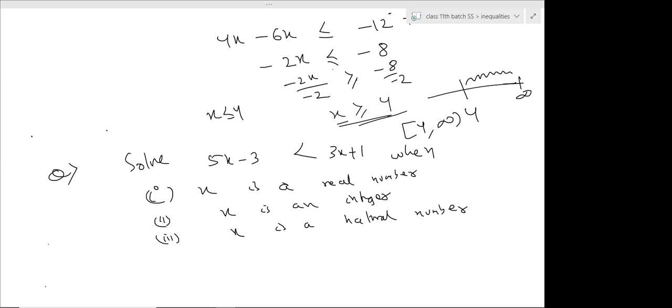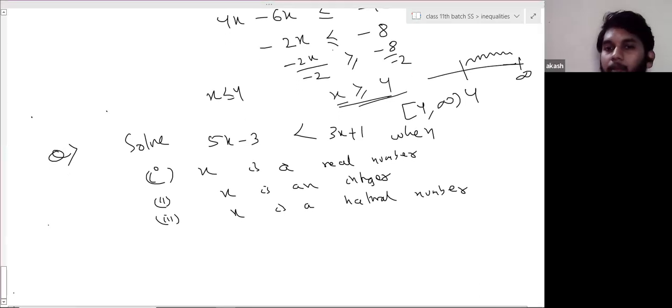Sir, I got the answer, but how should I present the answer? Right, that you have to think, Fahad. Should I write the answer in roster form? Yes, whatever you think is good, because if x is a real number, then we can include any number, right?